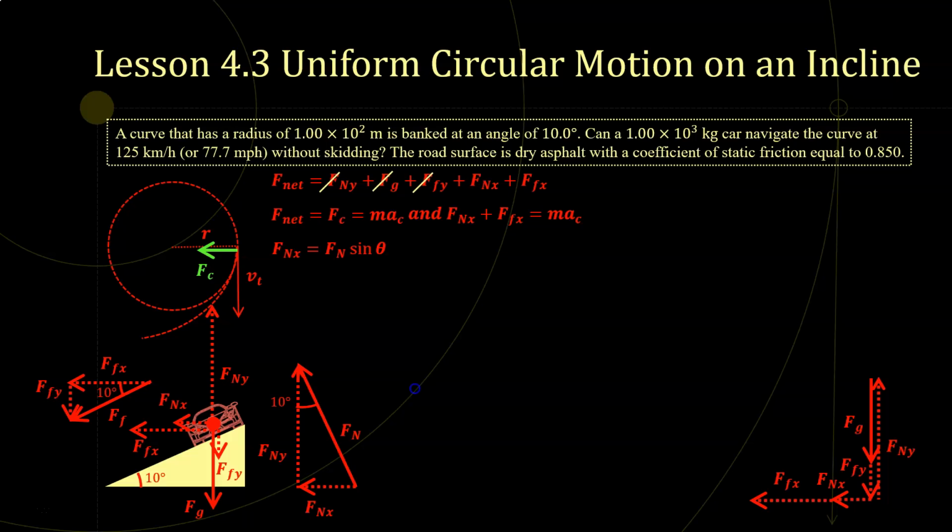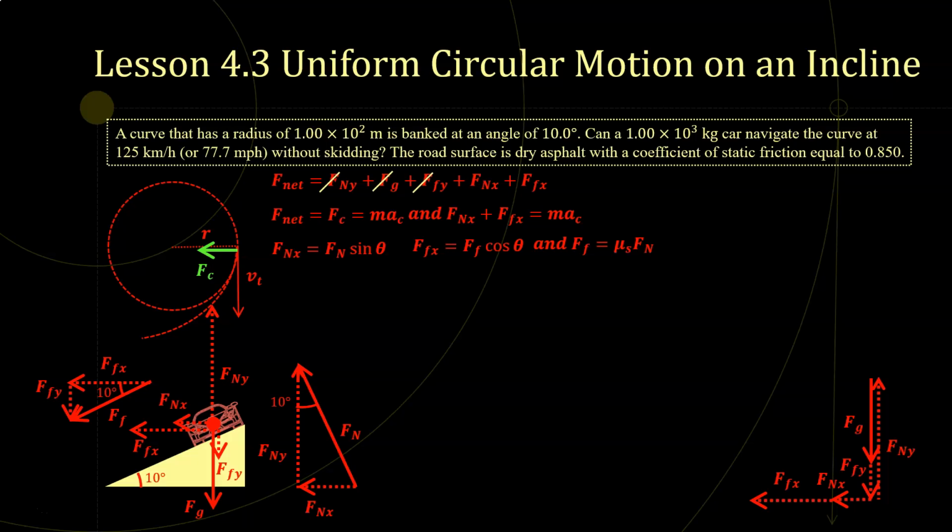Okay, what about the friction force? Well, you do the same sort of thing. The x component of the friction force is the friction force times the cosine of theta. I see that from that triangle on the left because the x component is adjacent to the 10-degree angle there. So I will use the cosine function. And I also know that Ff, the friction force, is equal to mu times the normal force.